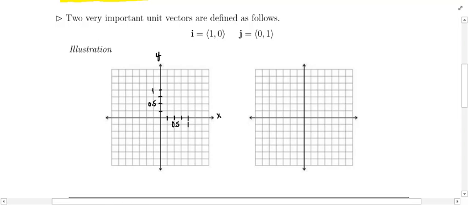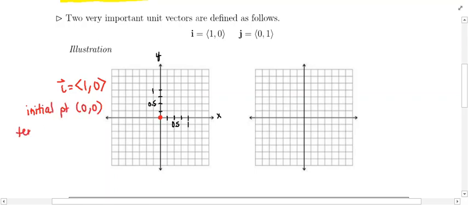For this first vector, this is going to be an illustration of the vector i, which has components <1, 0>. Remember, this is a position vector, so its initial point will be at the origin, and its terminal point will be at the point (1, 0). The initial point here is at the origin.